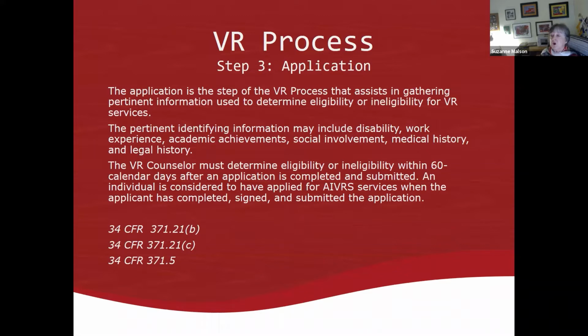In gathering all the information that you need to determine a person eligible or ineligible for the program, the pertinent and important identification information needs to be included. You're looking to find verification of disability. What type of work experience does this person have? What are their academic achievements or lack of achievements?